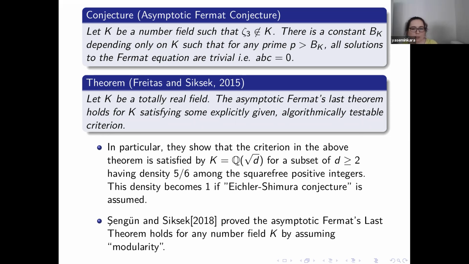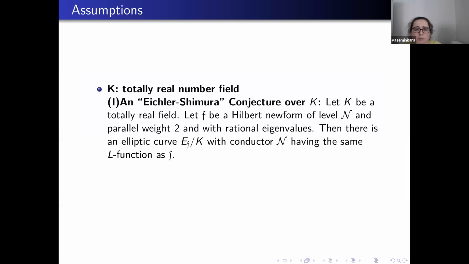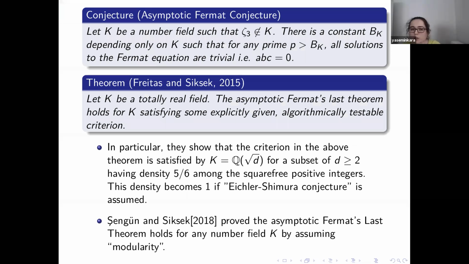So it's the big, big theorem. They have it only for totally real fields. But in this case, if you assume the modularity, then you can prove the asymptotic Fermat conjecture for any number field. But here you have to assume this modularity result. So this modularity is in quotation marks.